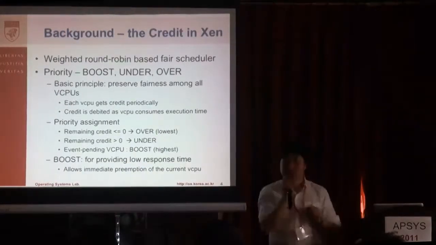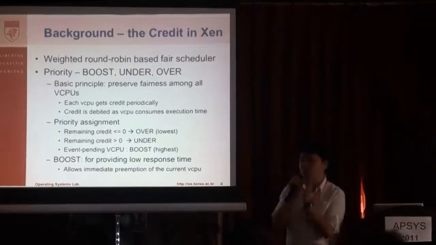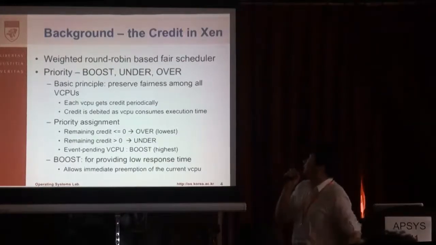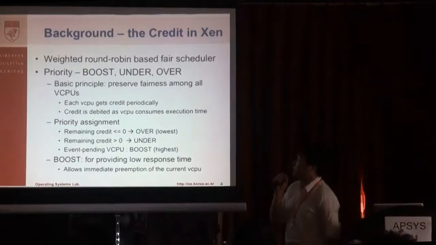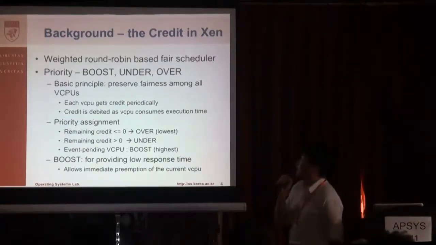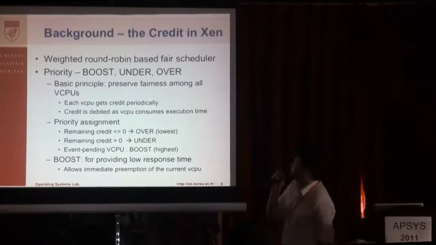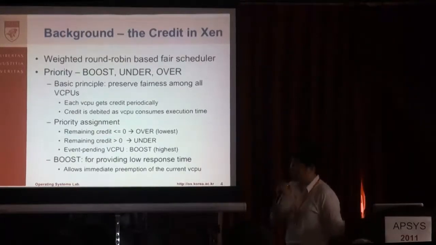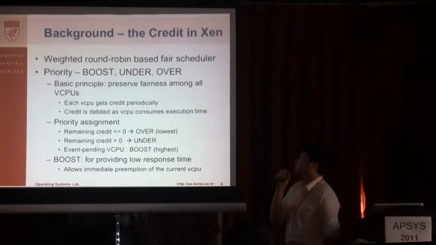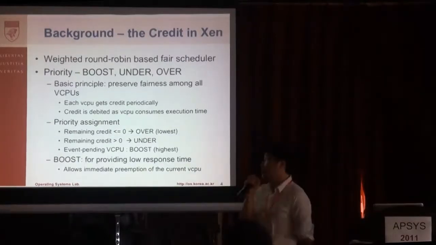So the background, most of you may know about this. The credit scheduler is a weighted round-robin based fair share scheduler, and it has three priorities: boost, under, and over. The basic policy is to preserve fairness among all vCPUs.